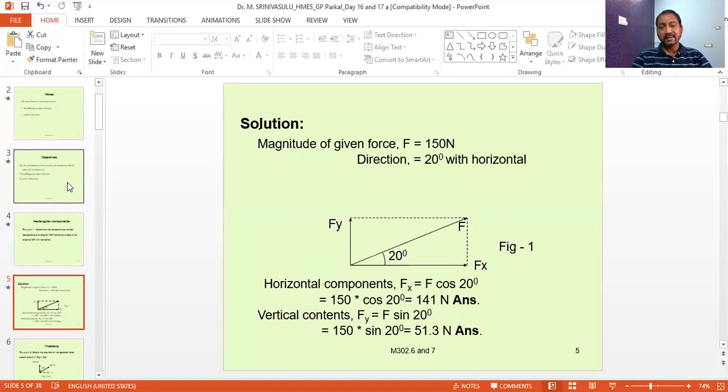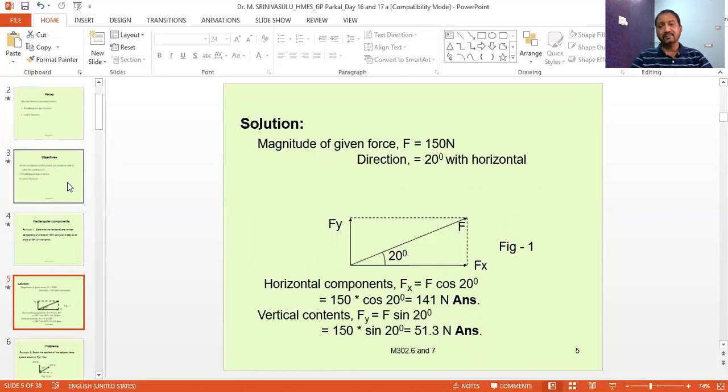So for every problem, it is customary to write down the given data. Now, the given data is the magnitude of the force F equal to 150 newtons, and direction theta equal to 20 degrees with horizontal.